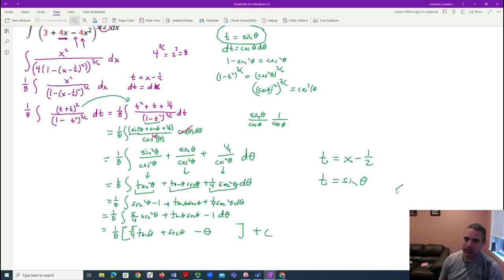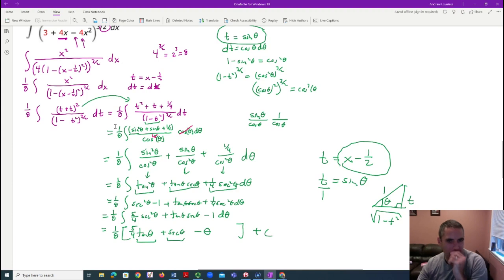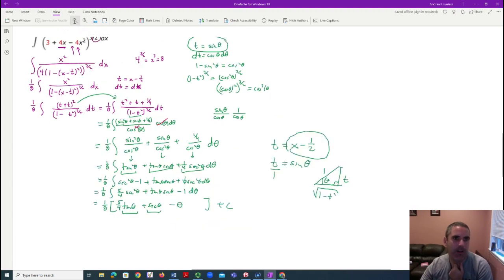You could say, okay, if t is sine of theta, then it's opposite over hypotenuse, which means this is the square root of 1 minus t squared. And so you need to figure out what tangent of theta is and what secant of theta is based off of this triangle. And then once you have that, don't forget at the very end to replace your t with x minus a half. All right, so there's a bunch of hints on that one.